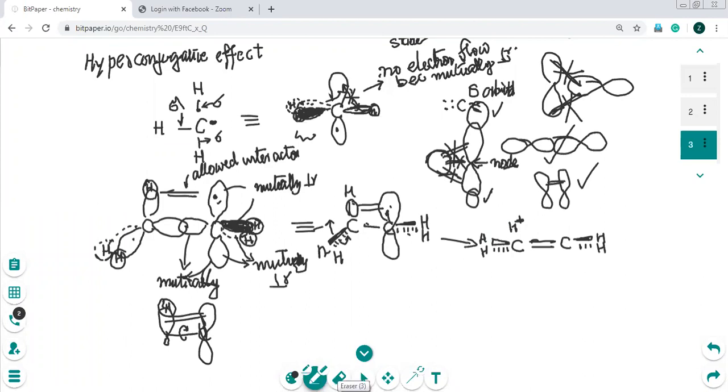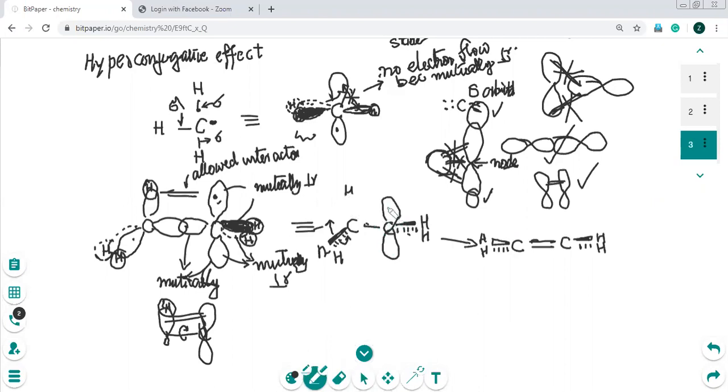One second. Let me redraw this. Yeah, what I should have drawn is this way. The formation of this, I will destroy it in a homolytic fashion.